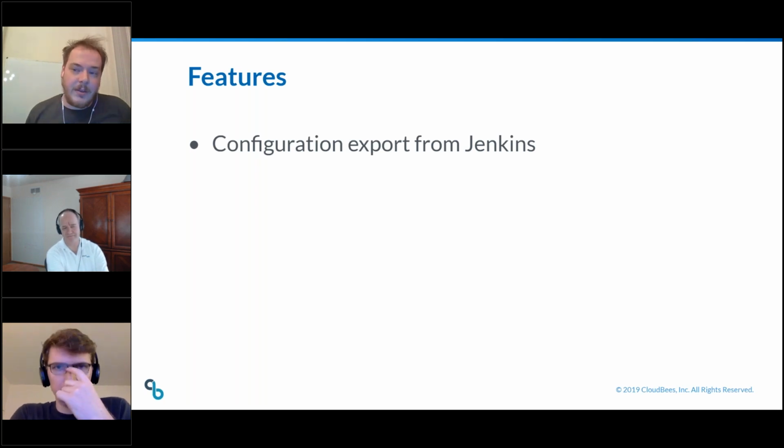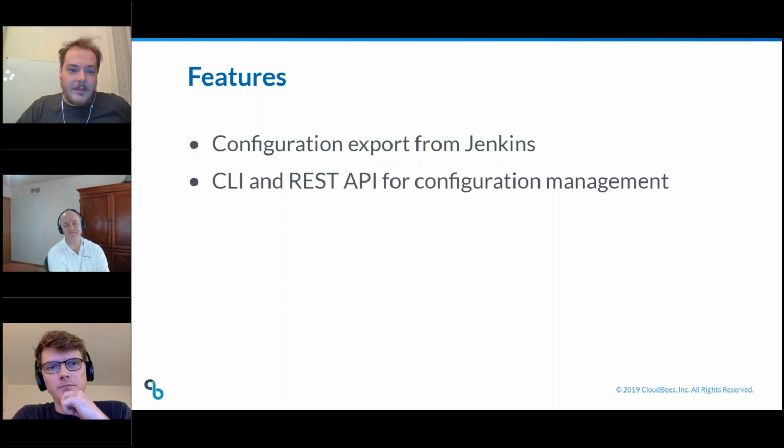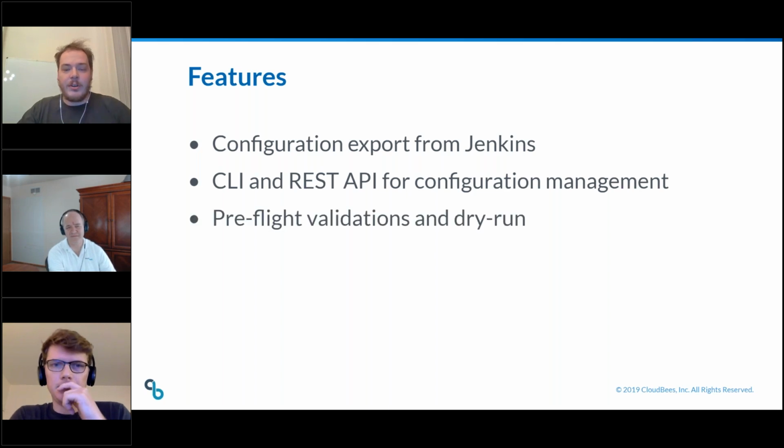Each time you want to configure everything, you do it on your own. But here you can actually export configuration from a running Jenkins instance and get the configuration file. Then there is a CLI and a REST API, which you can use for configuration management and for verification of your configurations. So you can really build your configuration management tooling around JCasC.